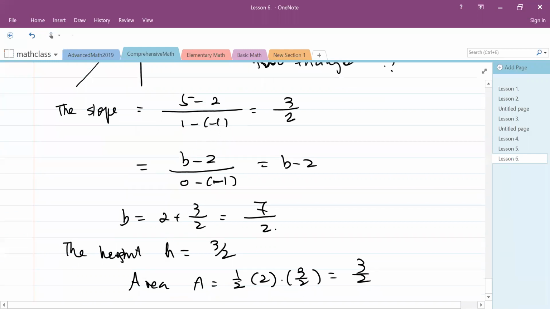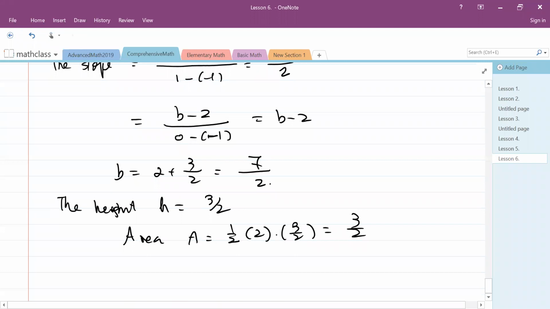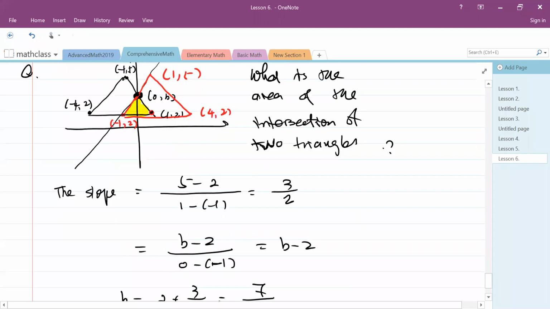So 3/2 is going to be the answer. Okay. Yeah, just be careful when you do the computation. You know, you need to find the height of the triangle. Okay. Just use the slope. You can determine the height of the triangle.